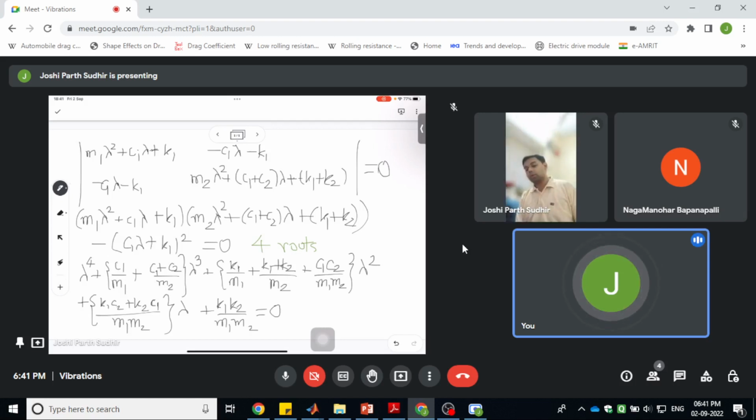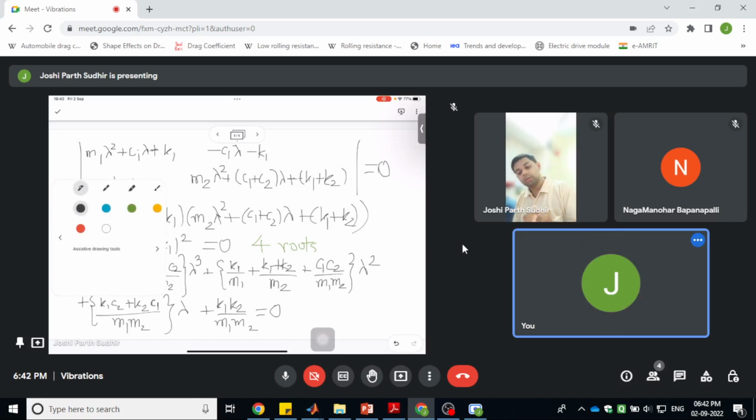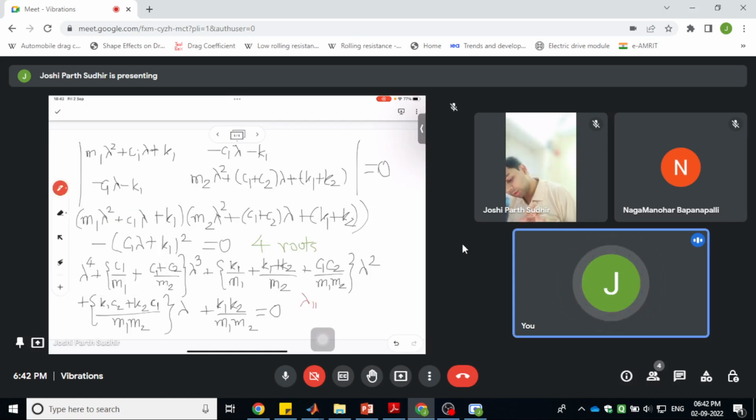So if we solve this equation for the roots of lambda, we will get the 4 roots. Let us say we call them lambda 1 1, lambda 1 2, lambda 2 1 and lambda 2 2, instead of calling them lambda 1 2 3 4, because they will not be independent.